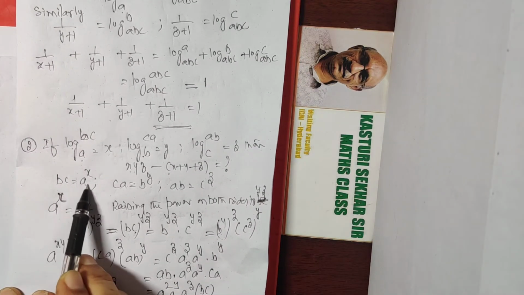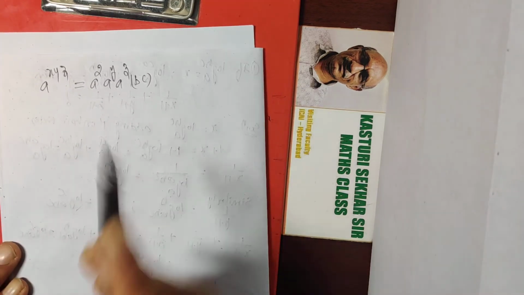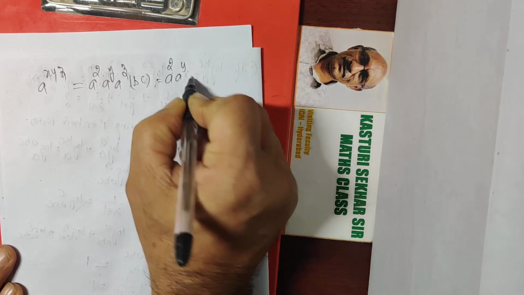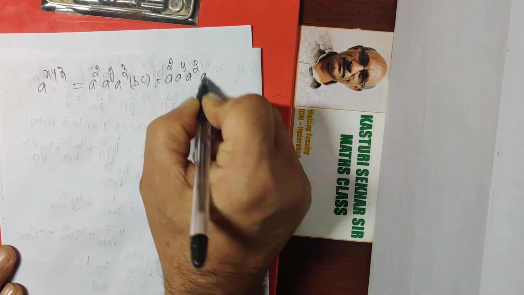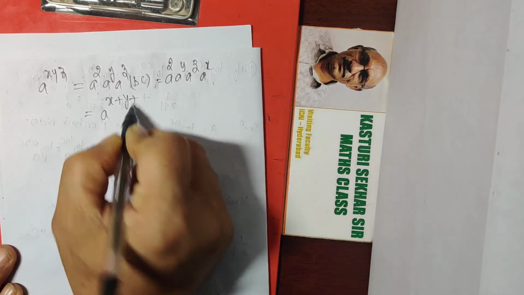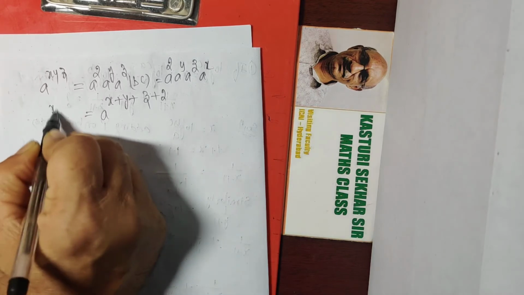So what will I do here? A power 2, A power Y, A power Z, A power x. A power x plus y plus z plus 2 is equal to A power xyz.